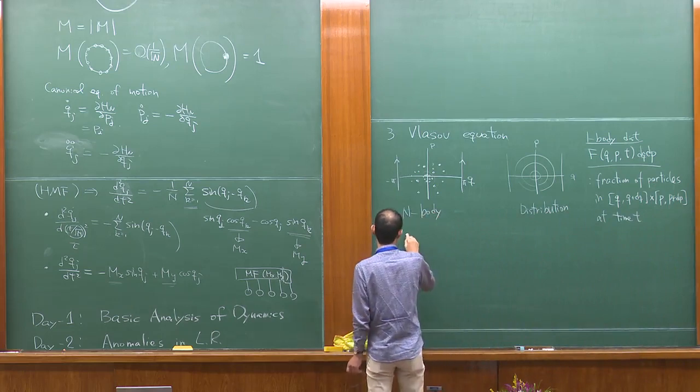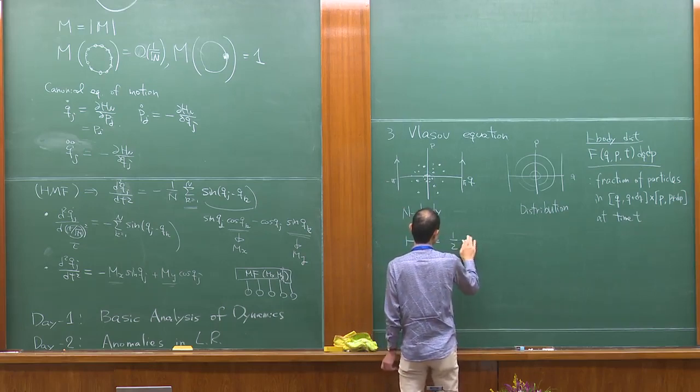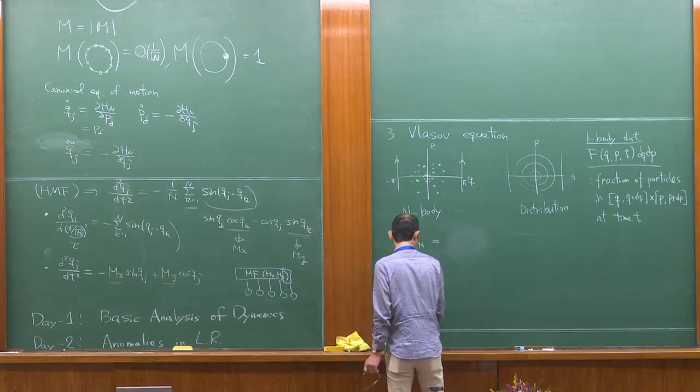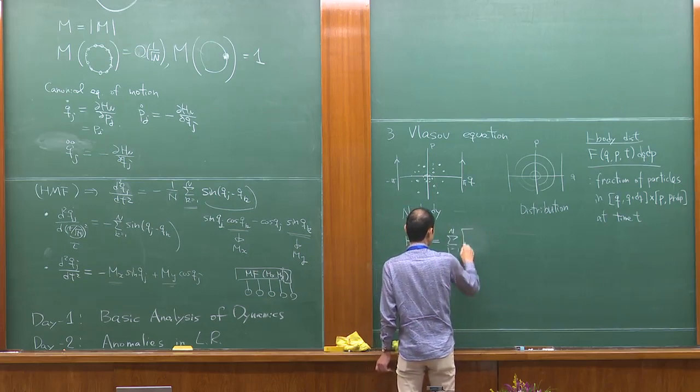So we start from the n-body Hamiltonian. I change the manner of the description, like this.